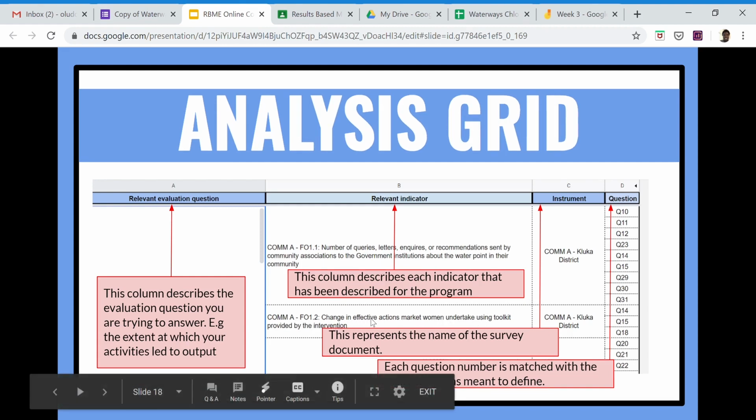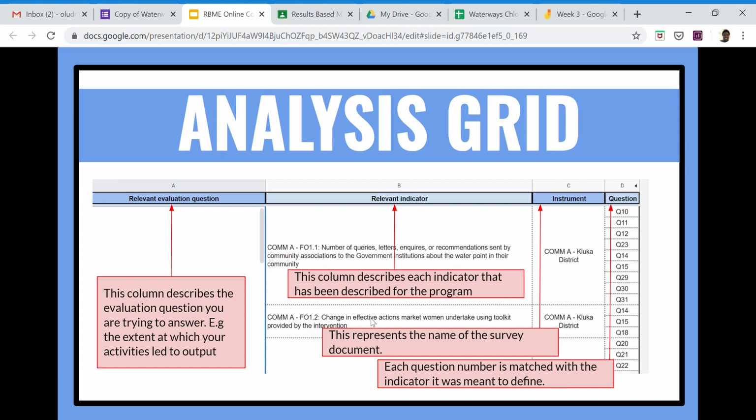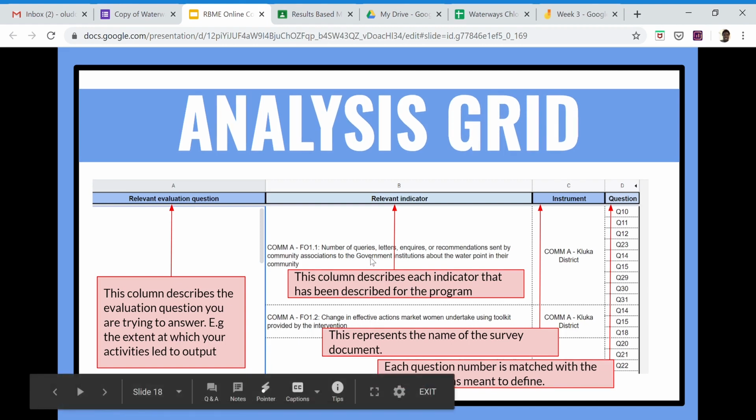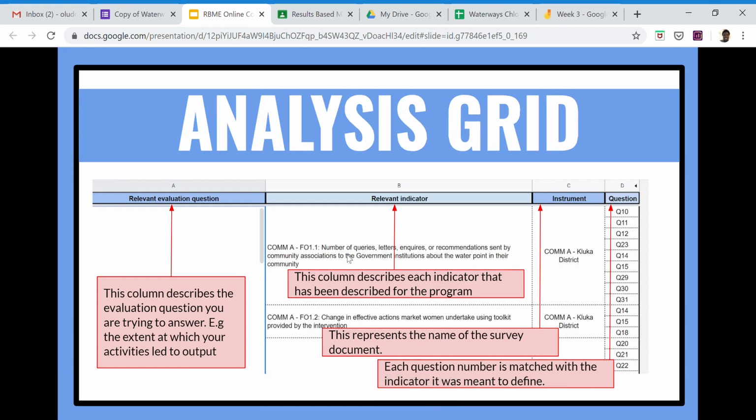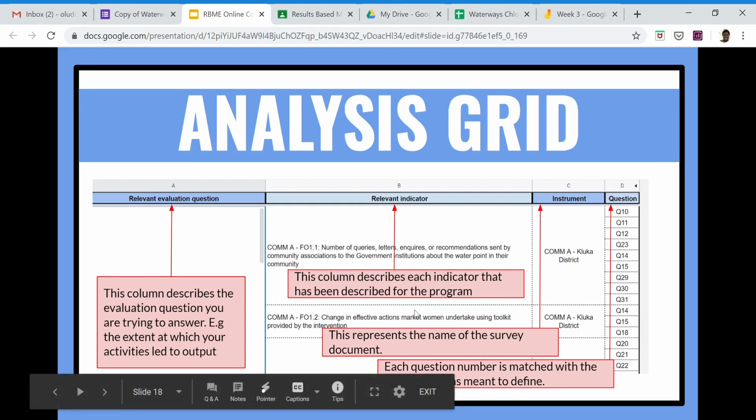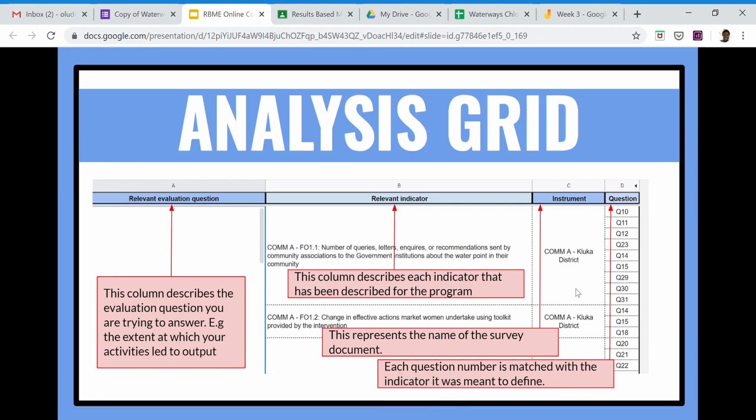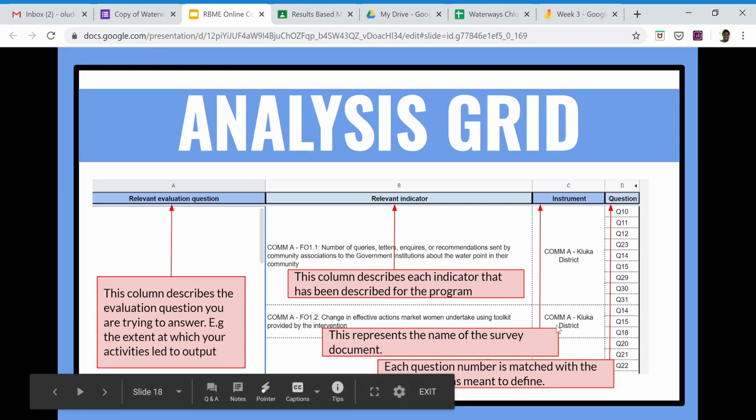Of course, this is an outcome indicator because we're talking about what actions the beneficiaries are taking, which is a change in behavior of people. So this is final outcome 1.1, final outcome 1.2 of a particular project.